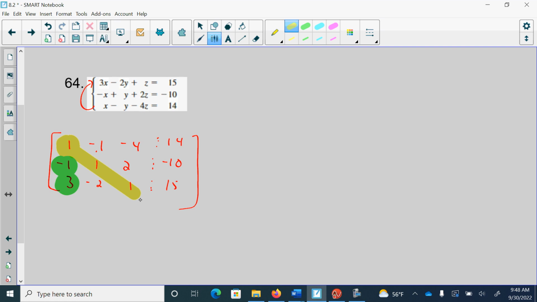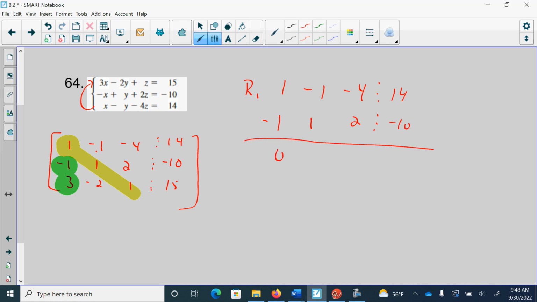So you added row 1 and row 2, yes? So I'm doing 1, -1, -4, 14, and then -1, 1, 2, -10. When I add these, I get 0, 0, -2, 4. If I divide this by 2, I get 0, 0, -2, 1, -2.